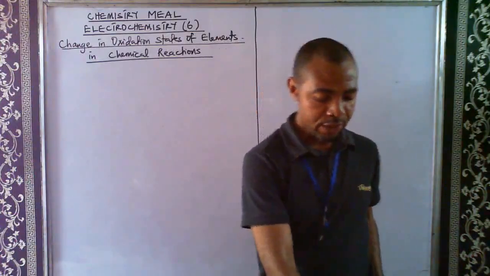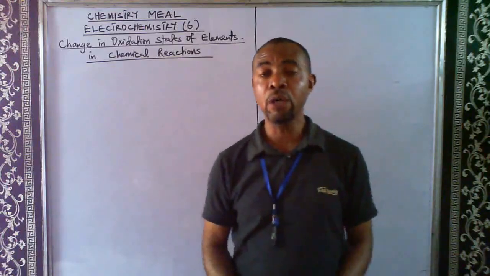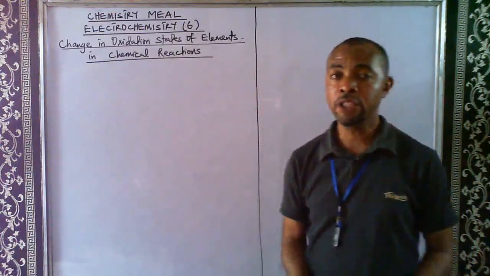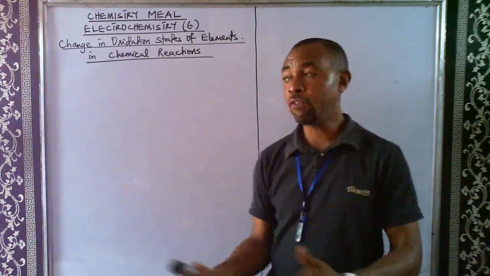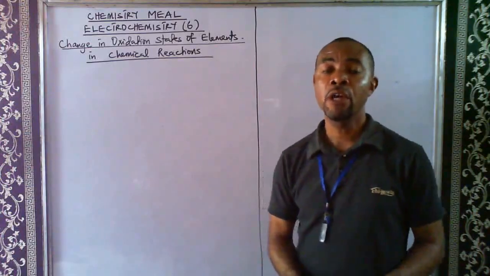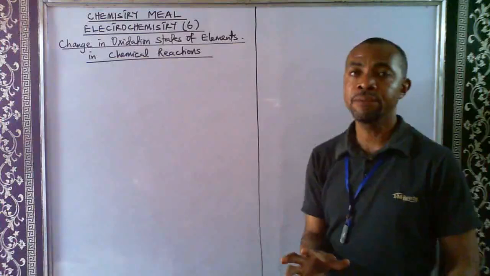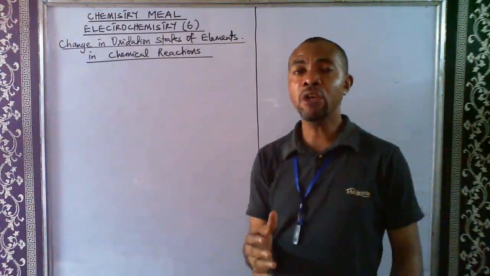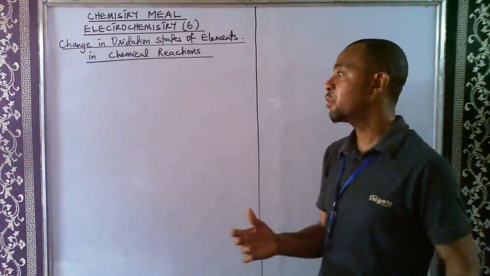Alright, let's begin today's journey. You remember that in the last video we saw how we can find the oxidation state of elements, and one of the applications of oxidation state is in finding change in oxidation number. Now when some reactions occur, the oxidation state of elements can change.